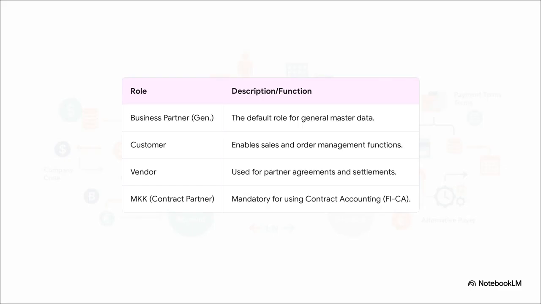Now, what's really cool about this is how it shows the building blocks. Every BP starts with that basic general role. From there, you can start adding more. So you add the customer role, and you're telling the system, hey, this is a customer, you can create sales orders for them. Add the vendor role, and this is a vendor, we can create purchase orders for them. And for our topic today, the most critical one is that MKK role, the contract partner role.